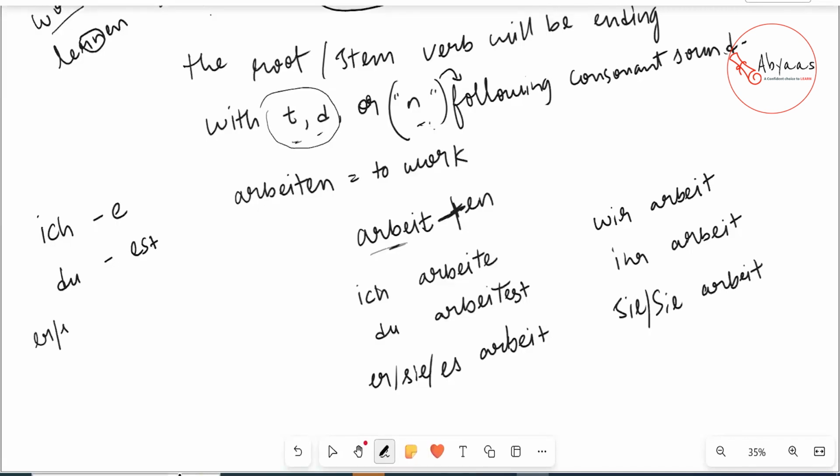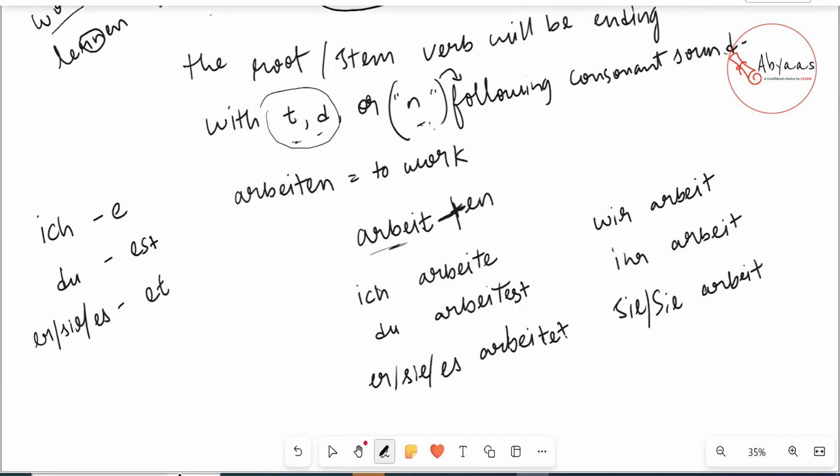And in the case of er, previously, if I say wohnt, it sounds like a conjugated verb. In this case, arbeit, if I just add t over here, as previously we added only t, what happens? It would again sound like there is no conjugation. It doesn't make any difference. Just to know that it is a conjugated verb, we are adding e: arbeitet.